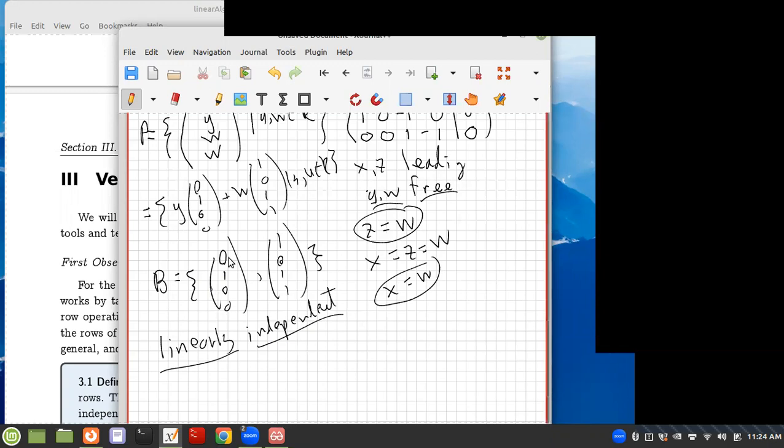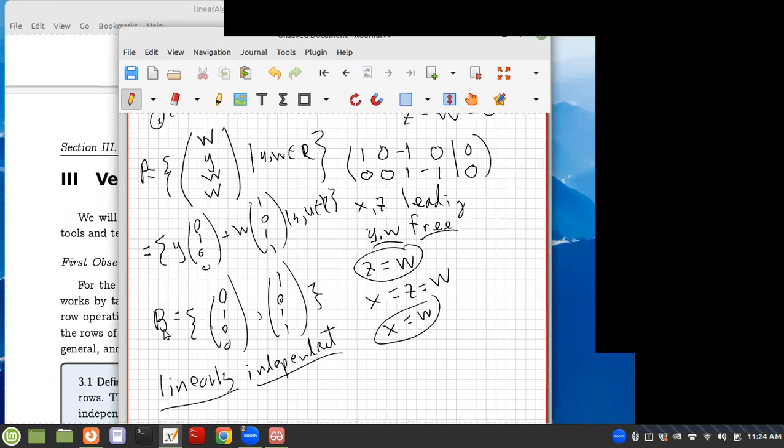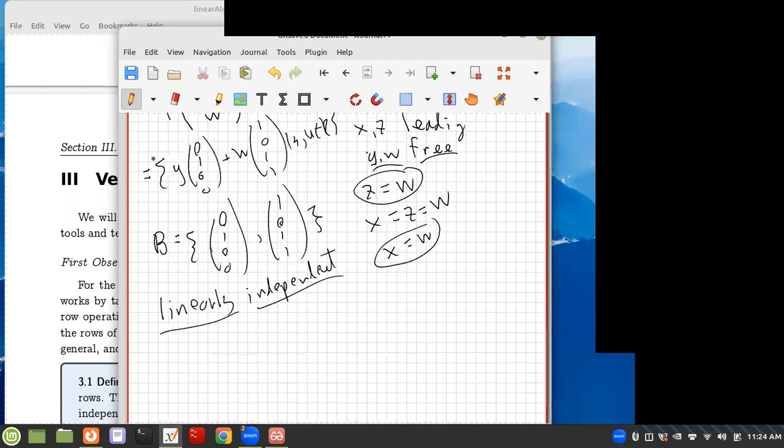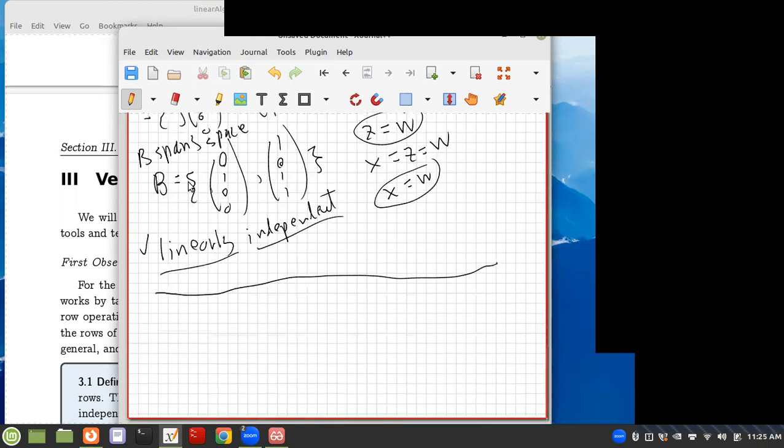A basis is a set of vectors that spans the space, and by doing this we've shown that B spans the space by construction, because we've just exhibited that it spans the space. Then we've checked intuitively that B is linearly independent. Now here's one thing we haven't talked about, which is a little new: a basis is actually a sequence, not just a set.